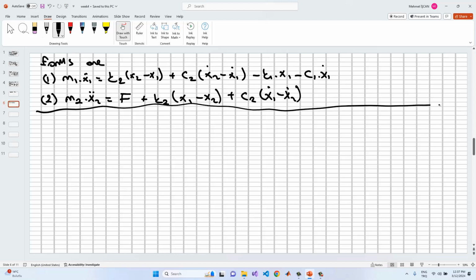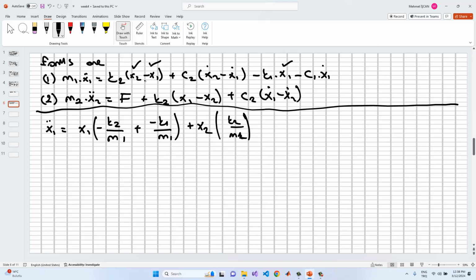In order to build the state space, we can write x1 double dot is equal to what? The first, x1 should be collected in one form: minus k2 over m1 minus k1 over m1, right? These terms should be written in the one form. And also x2 is equal to k2 over m1, right?